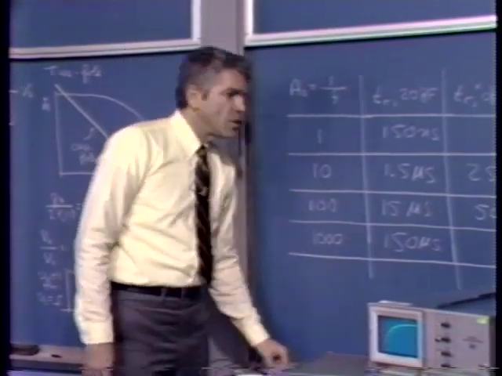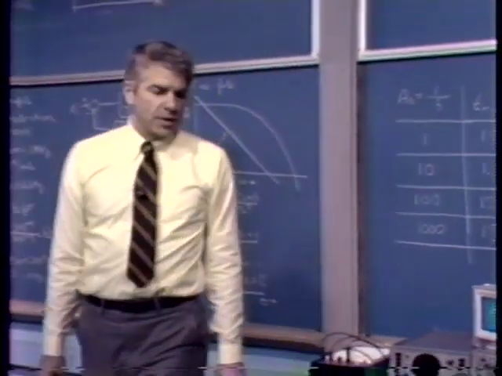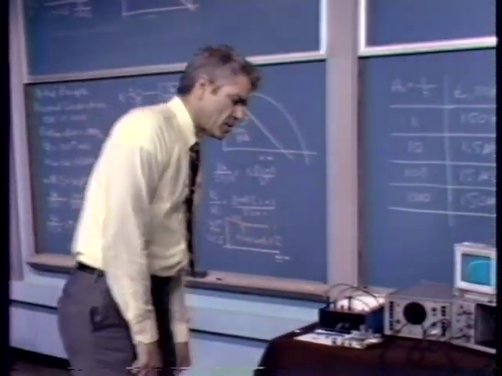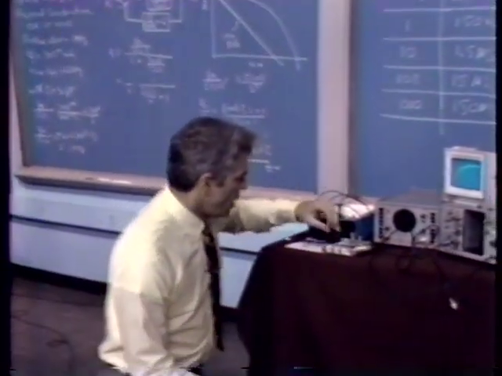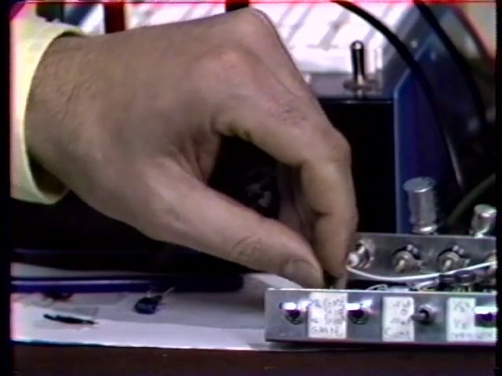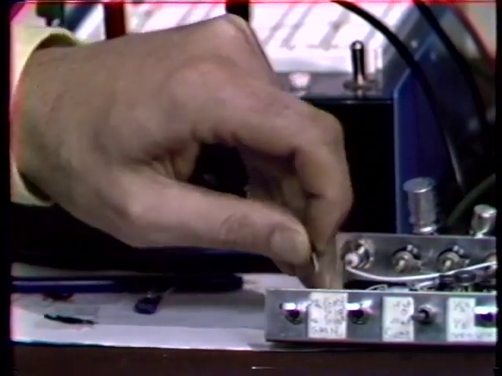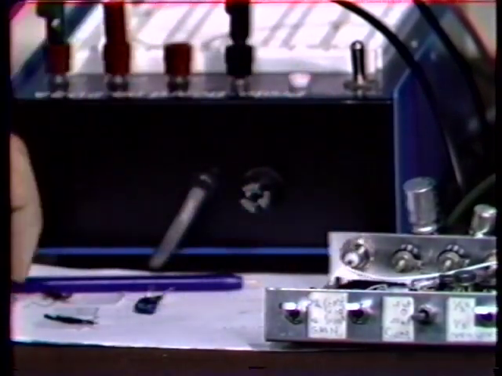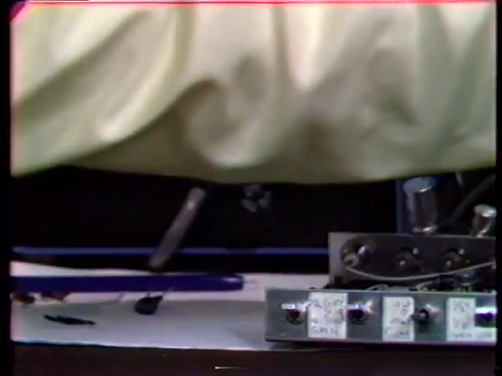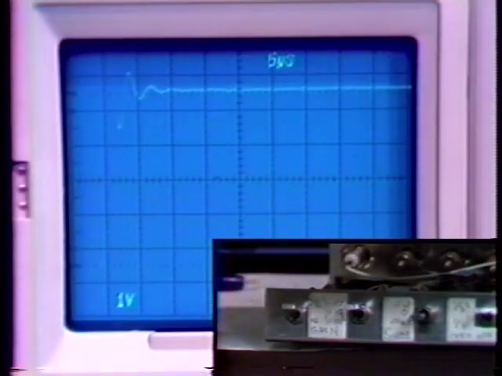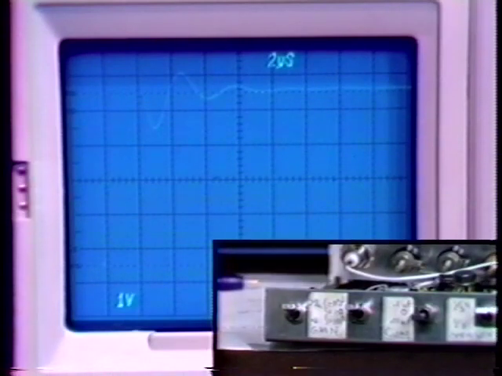Well, let's see what we can do if we compensate the amplifier properly instead of using the fixed compensation. Let me remove the compensation entirely. When we do that, our approximation begins to break down a little bit, but we can now speed up things.